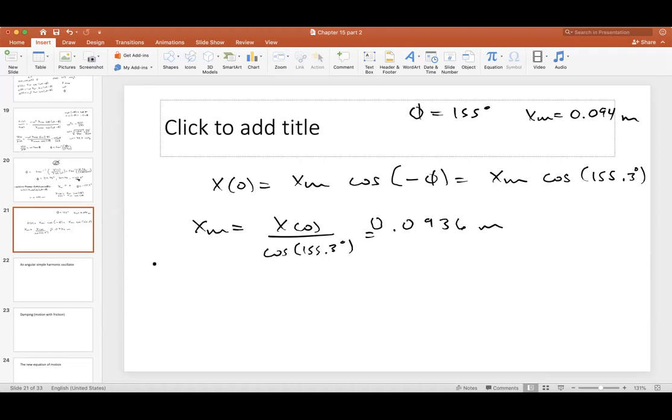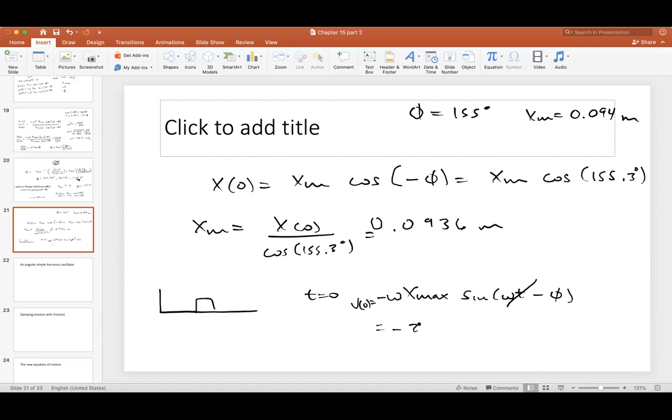We know, okay, that the velocity has to be negative, right? The velocity has to be negative at t is equal to 0. So I'm not sure if I'm going to be right or the book's right. I might have something messed up here. We know that the velocity is x max times omega with a negative sign, right? So this is v at 0 times sine of omega t minus phi, and this is 0.